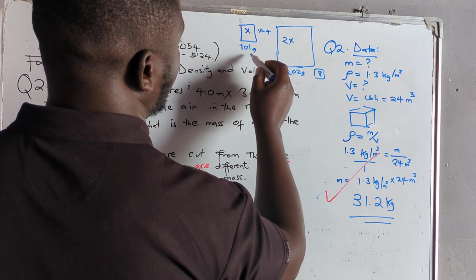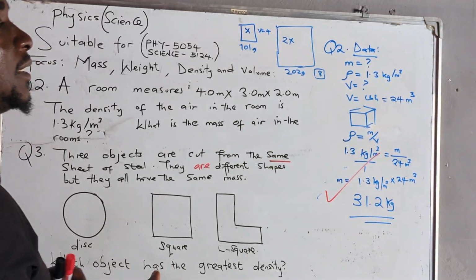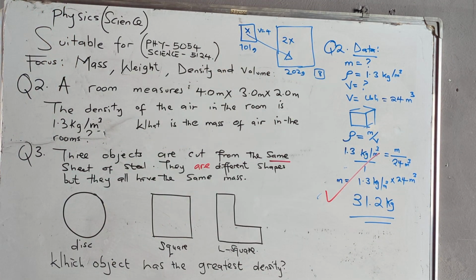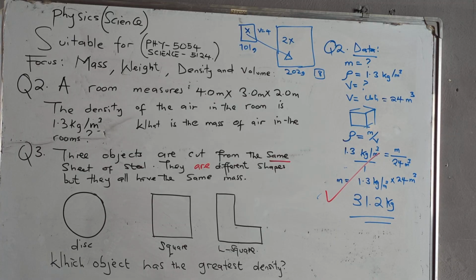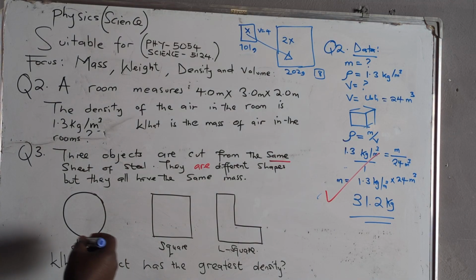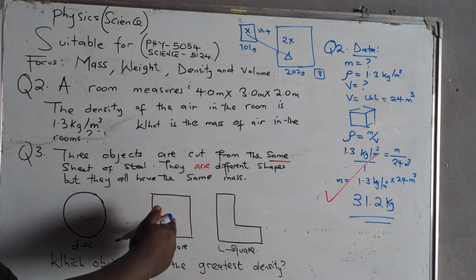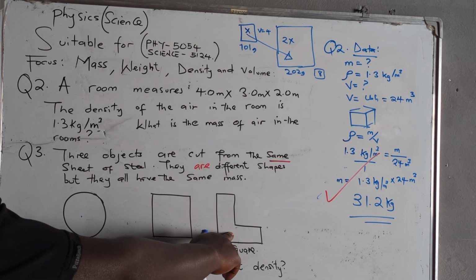So you understand, you are going to find the same density. These are objects cut from the same material. So even here, since they're cut from the same material, you cannot say the disc has greater density than this one, or this one has.